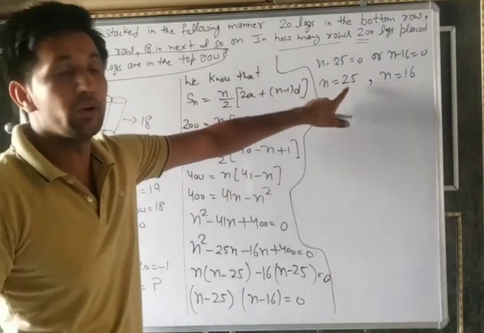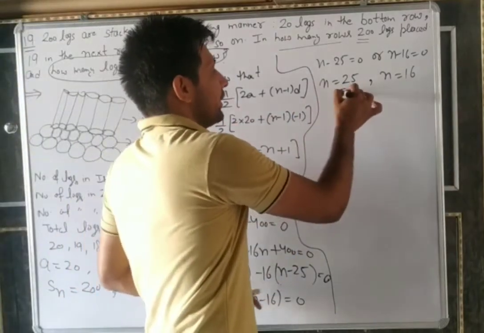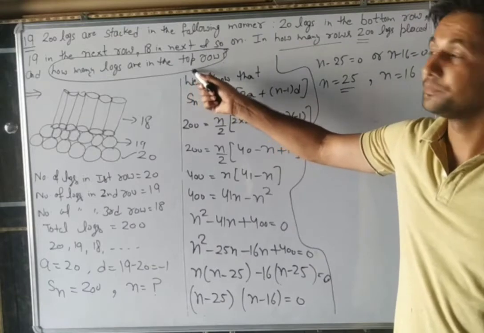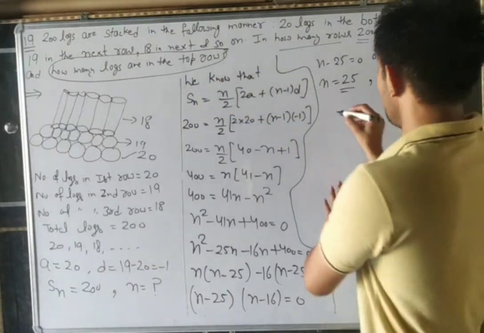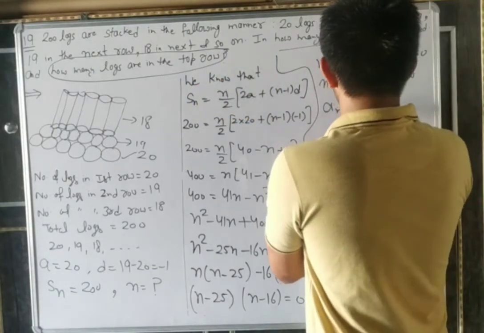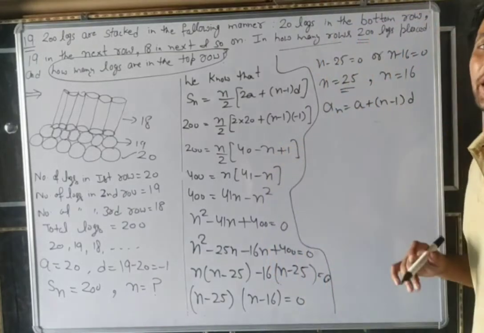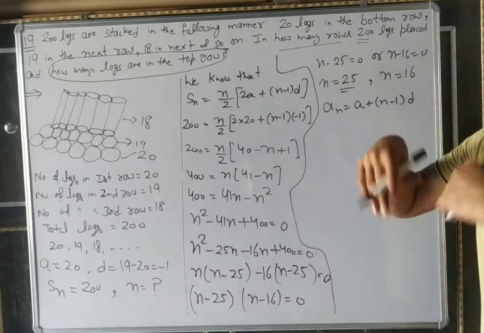Total rows 25. It means there are 25 rows of logs. So we use aₙ = a + (n − 1)d. We want to find the aₙ value, how many logs.